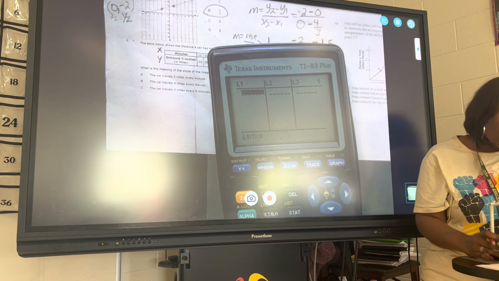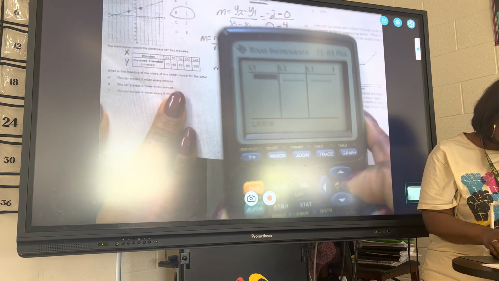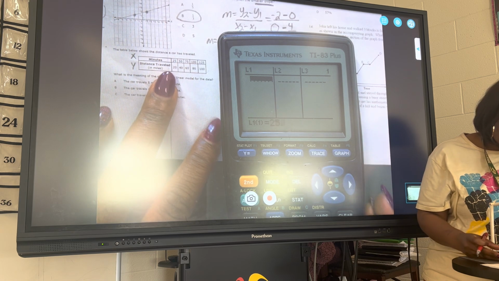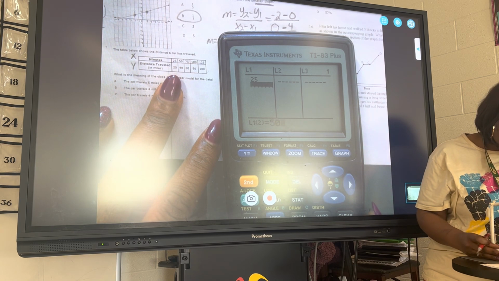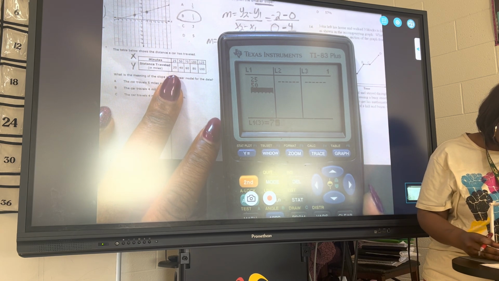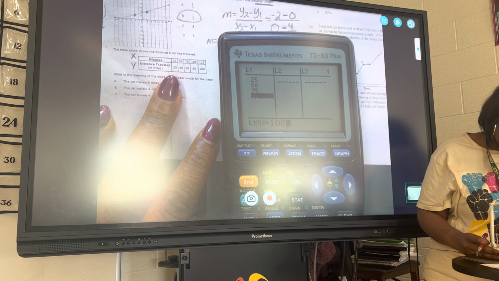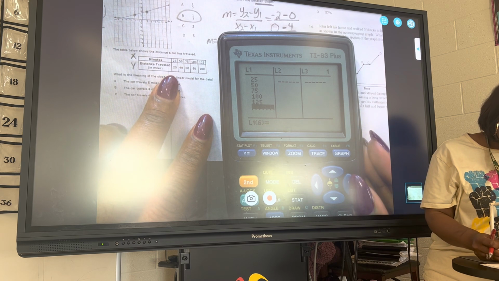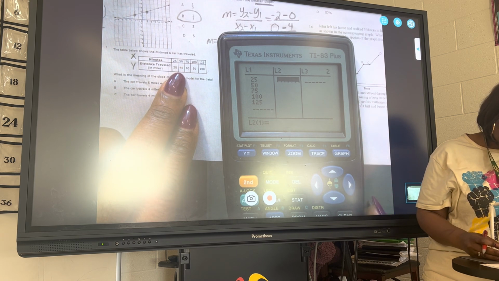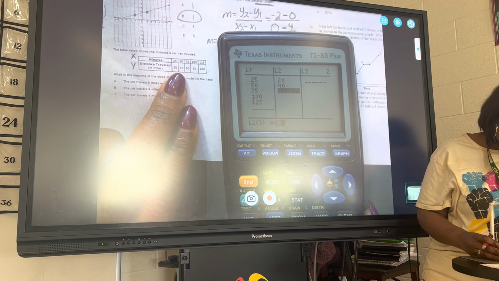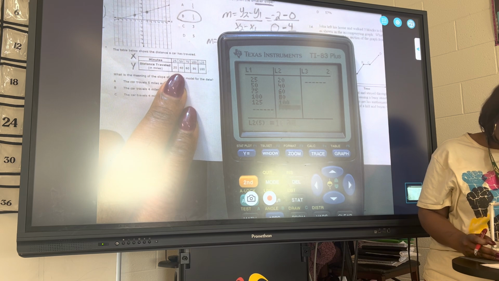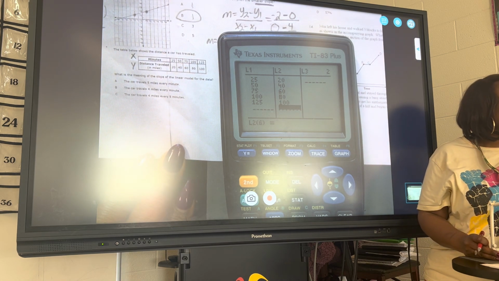Okay, all right, so let's type in our X values. And then let's type in our y values. Okay, you got them typed in?